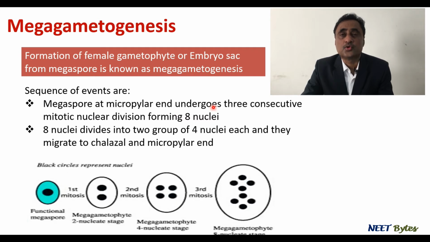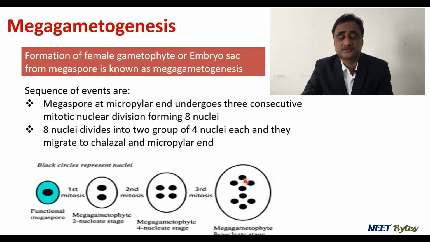Now these 8 nuclei later organize into 2 groups of 4 nuclei each, as you can see in the diagram. After the first mitosis, it forms 2 cells. After the second mitosis, it will form 4. After the third mitosis, it will form 8. And these 8 are distributed in 2 groups of 4 each, right?